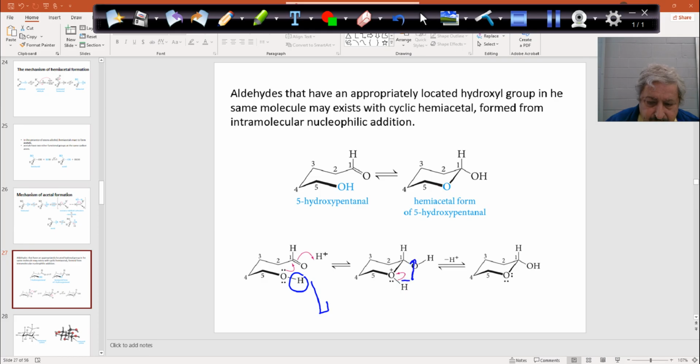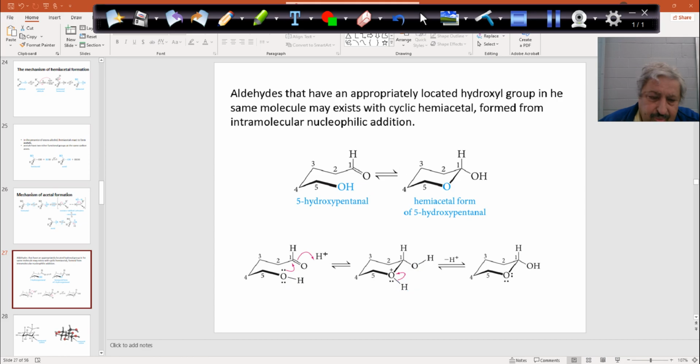Out goes out, and then the partially negative oxygen attacks it. So you add a catalyst, H+, but then you recover it.